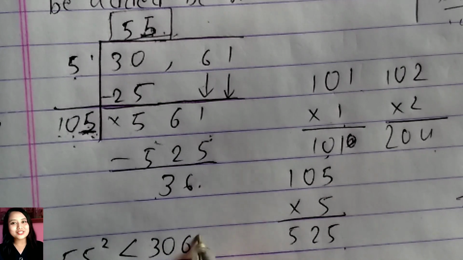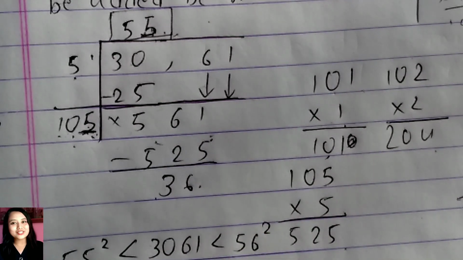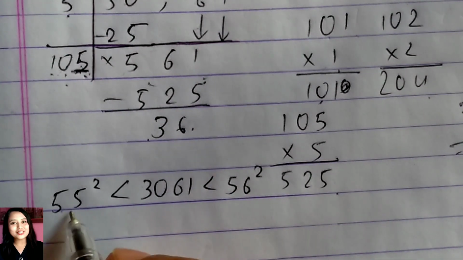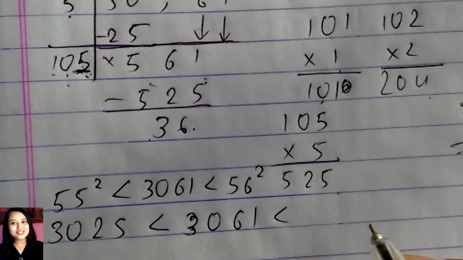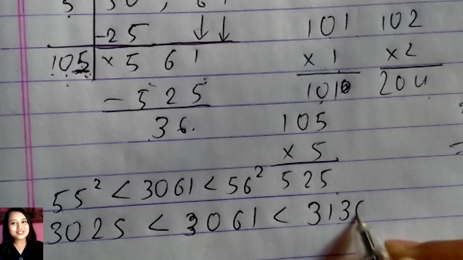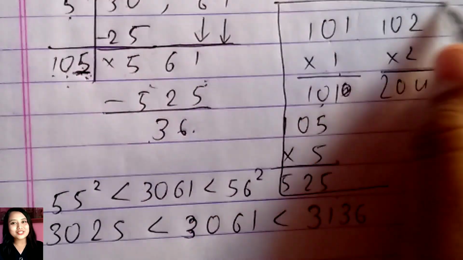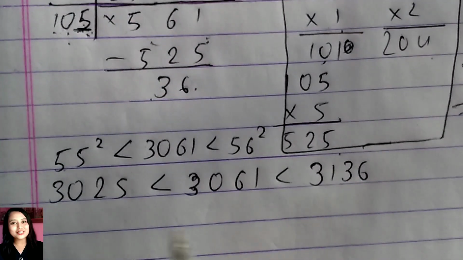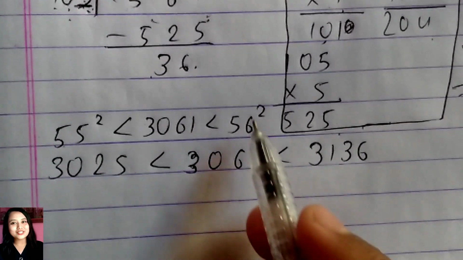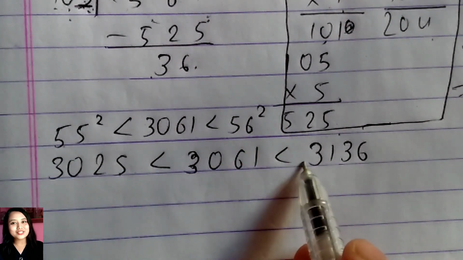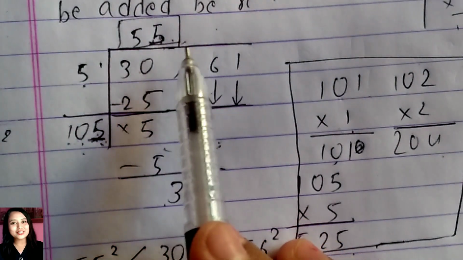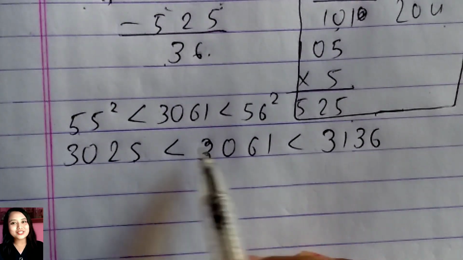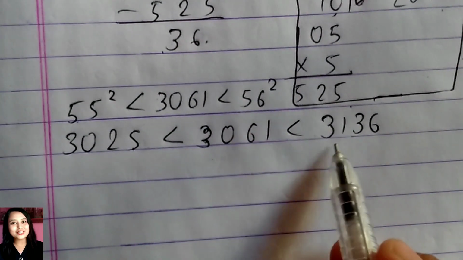We have 3061 and we have 56 squared. So 3061 lies in between 55 squared and 56 squared. 55 squared is 3025 and 56 squared is 3136. This is rough work, so you might be confused, but 3061 definitely lies between 55 squared and 56 squared.